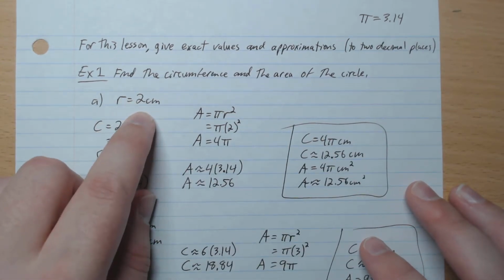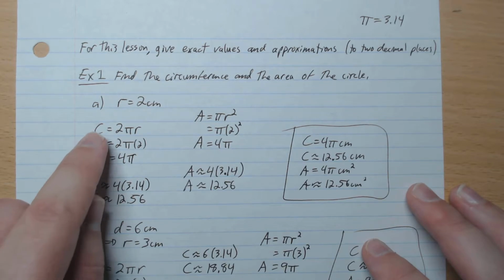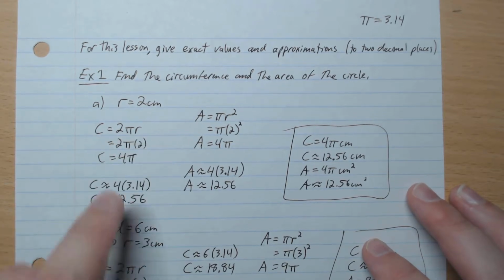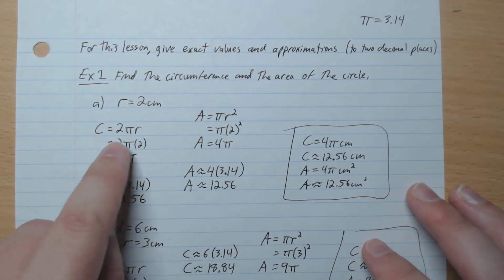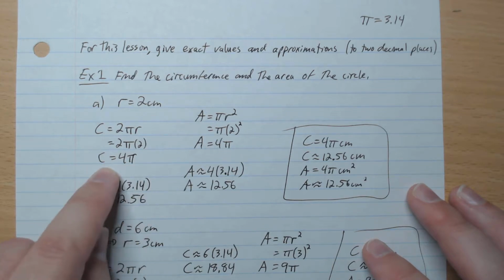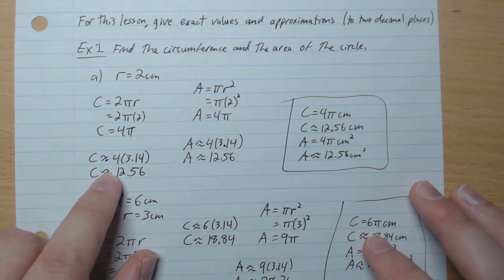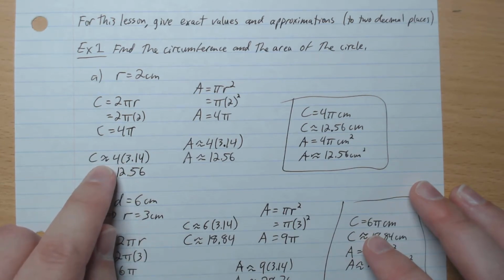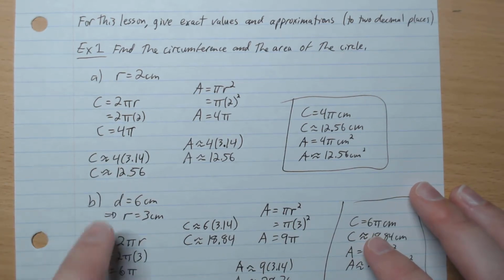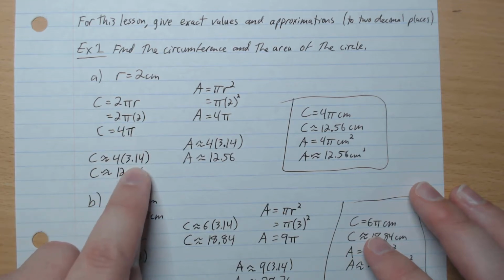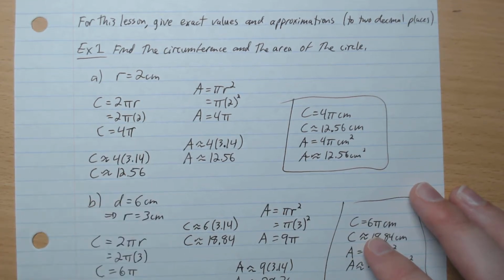Example 1, find the circumference and the area of the circle. We have radius of 2 centimeters. Circumference, 2 pi r, 2 pi times 2, 2 times 2, 4. So circumference is 4 pi as the exact value. Approximately, this is our symbol for approximately, 4 times 3.14, 12.56.